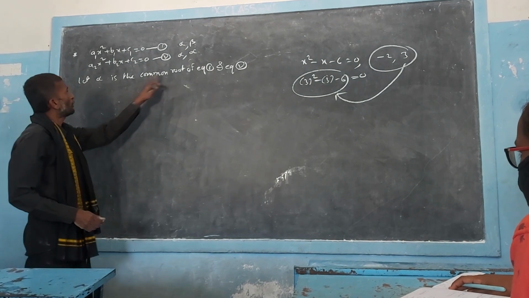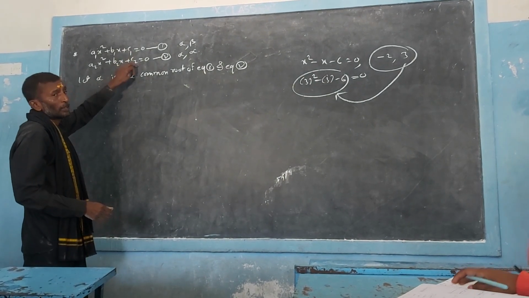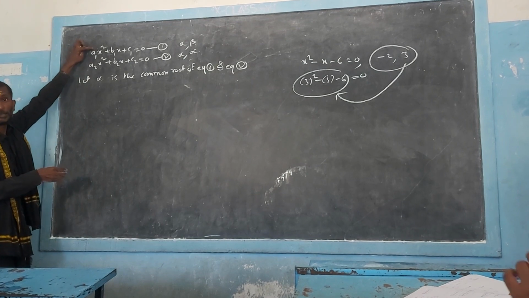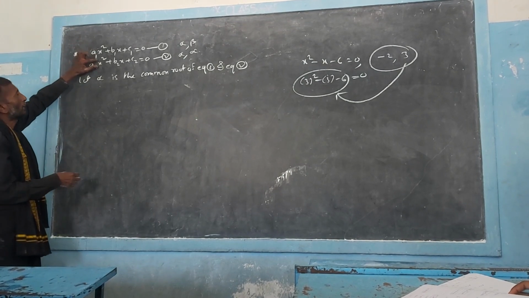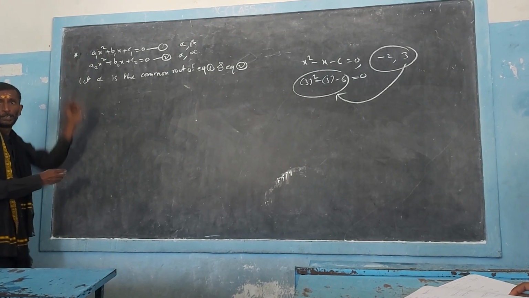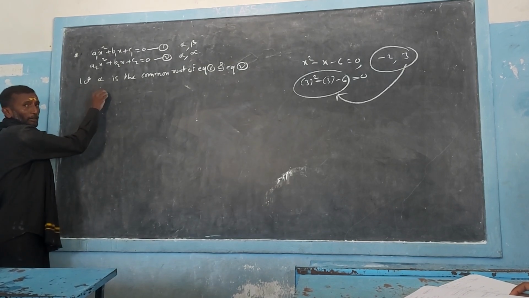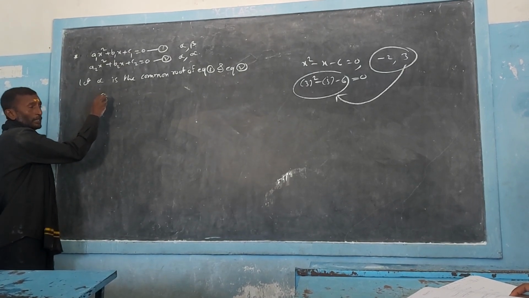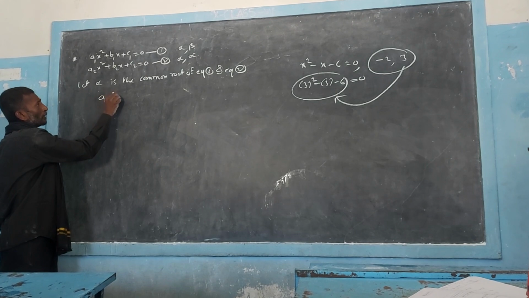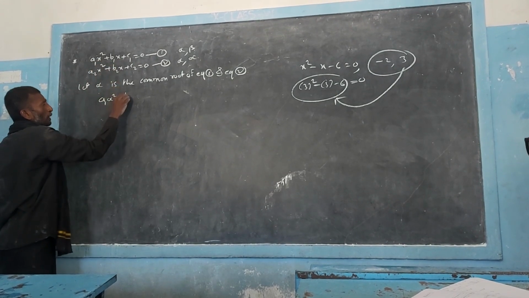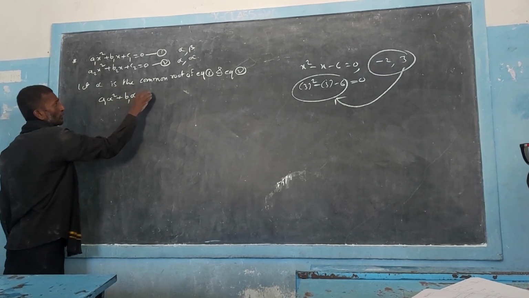So since alpha is the common root of both of them, alpha must satisfy both equations. Now we can write alpha in the place of x. So writing alpha there, the first equation changes to a1 alpha square plus b1 alpha plus c1 equals 0.